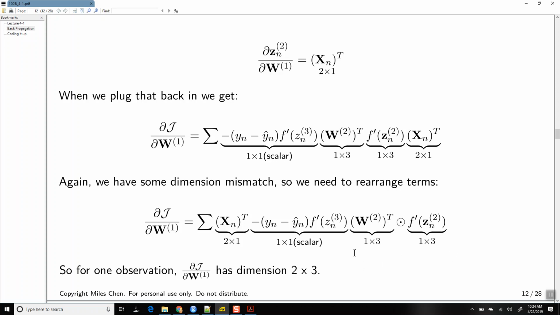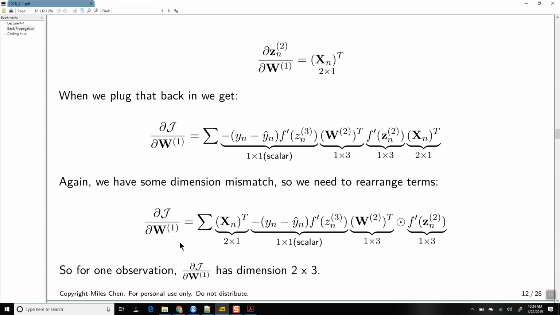And so this thing will reduce to a 1 by 3. We've got a 1 by 1, and we can see that if we look at all of these elements here, our result will be a 2 by 3. Okay, we're going to have a 2 by 3 matrix, which is what we want. We want the gradient of J with respect to W1 to be a 2 by 3 matrix, which it is.